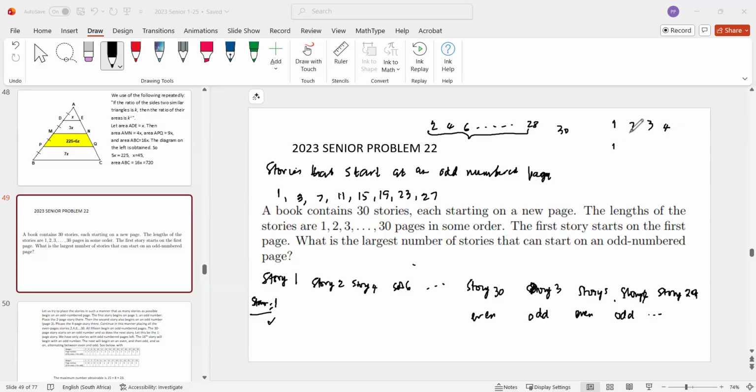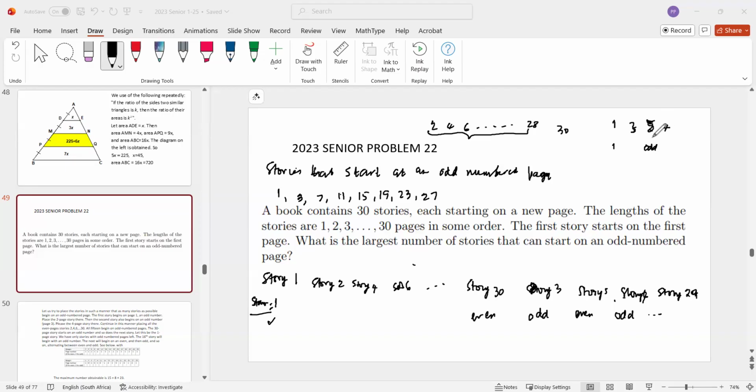Okay, why don't I put the 3-page story here? So that 3-page story will end at page 4, and the 5-page story will start at page 5. So this will be odd.